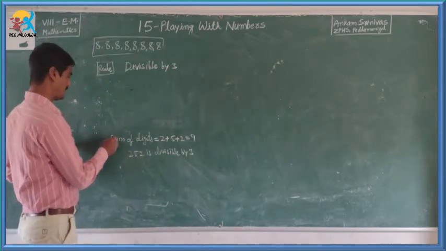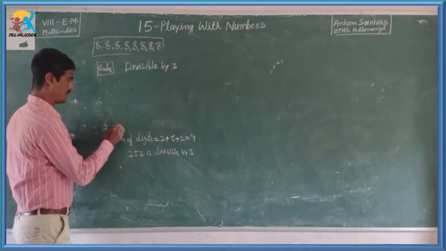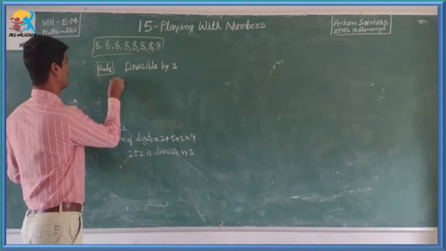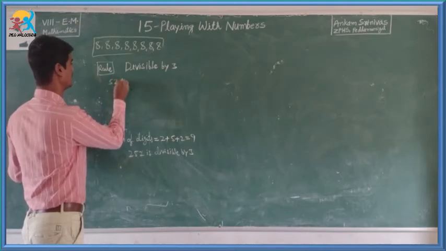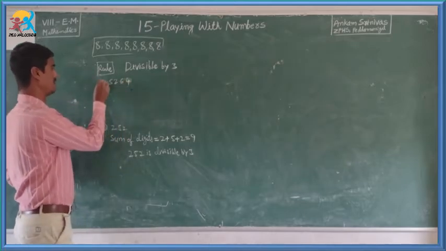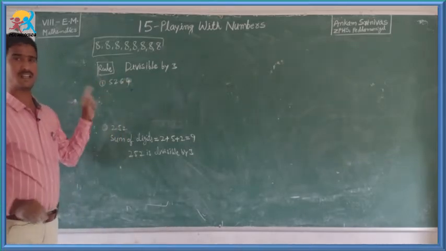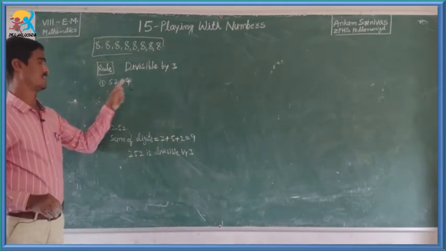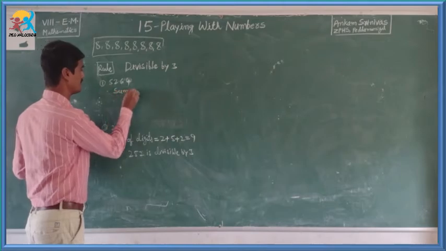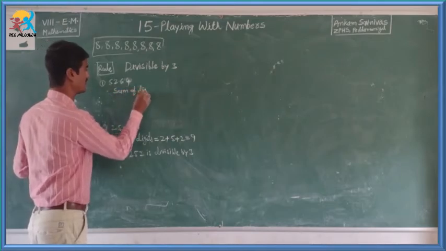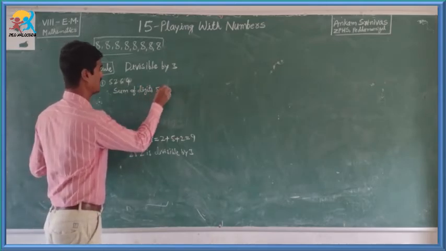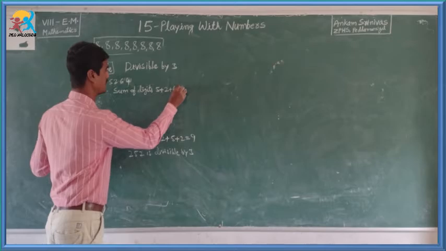So that is one problem, 252. If I take another problem, let's check whether it is divisible by 3 or not: 5264. Now find the sum of digits: 5 plus 2 plus 6 plus 4.